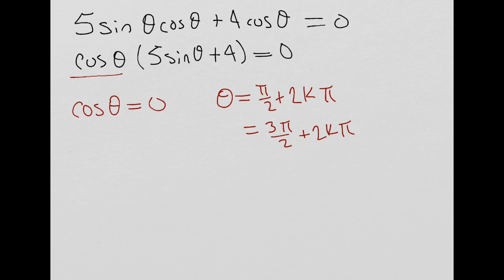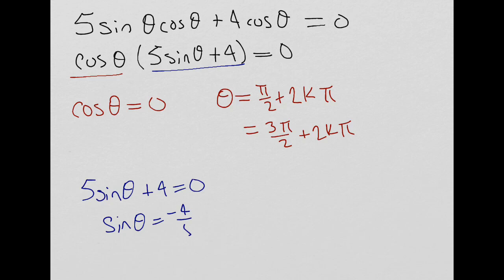The reason we got the screwy part was that in this first 2 pi of the domain of the cosine, there are actually 2 different points where it's equal to 0, and they happen to be exactly pi units apart. So we had that part. The other one, 5 sine of theta plus 4 equals 0, which happens when sine of theta is negative 4/5.